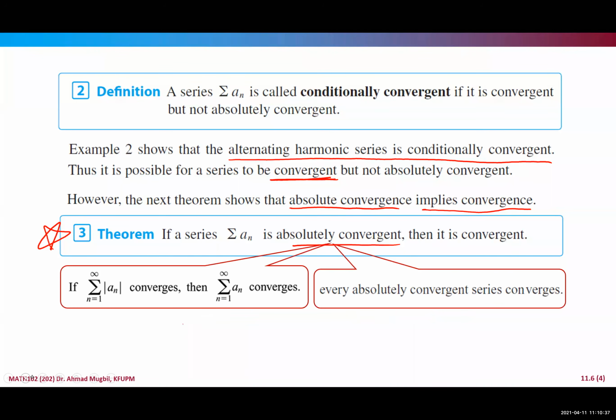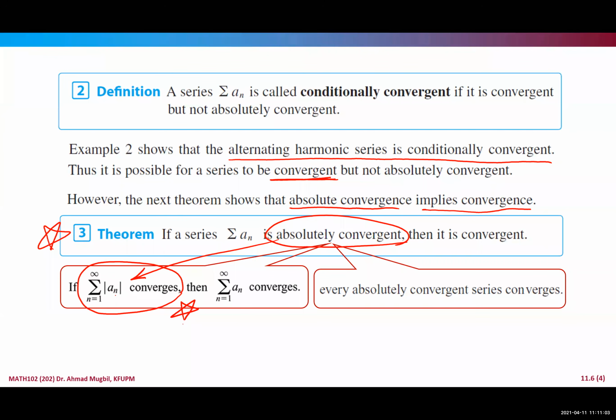You can have this theorem in three different forms. This is one way. Another way is this, and this is what I like as a mathematician: if the series of the absolute value of a_n converges, which is equivalent to saying absolutely convergent, then the series converges.